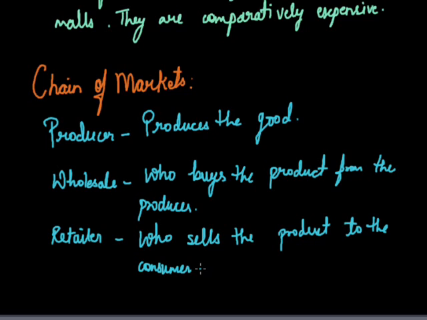The retailer can use any kind of shop to sell the product to the consumer. It can be a shop in the weekly market, it can be a shop in your neighborhood, or it can be a shop in a big shopping complex or a shopping mall.